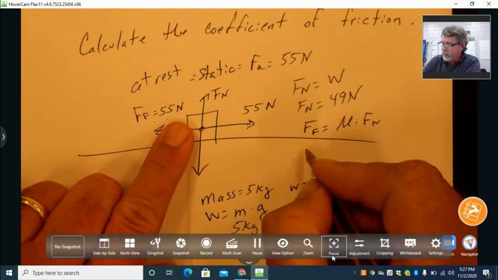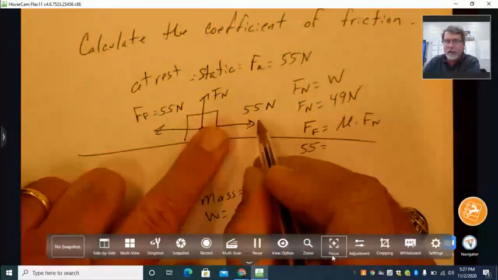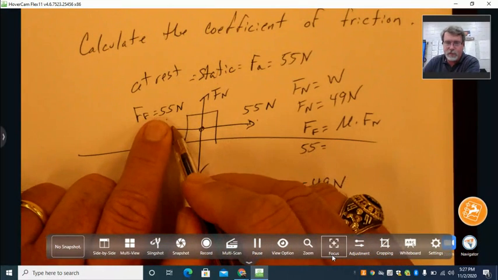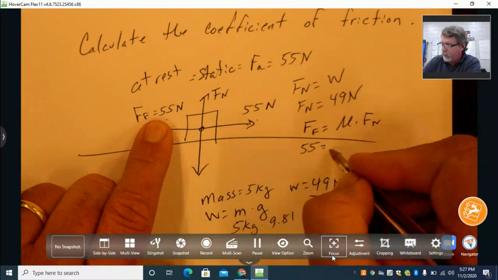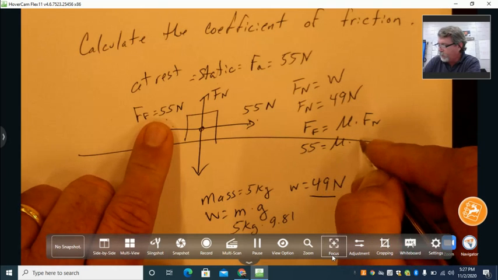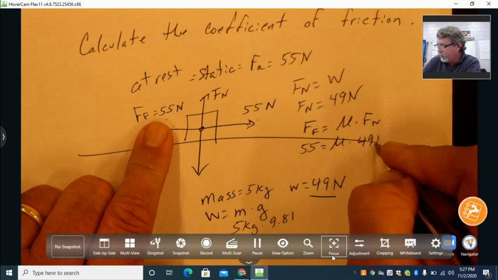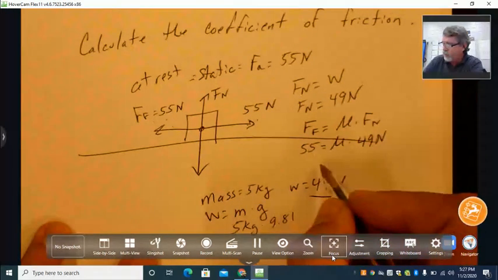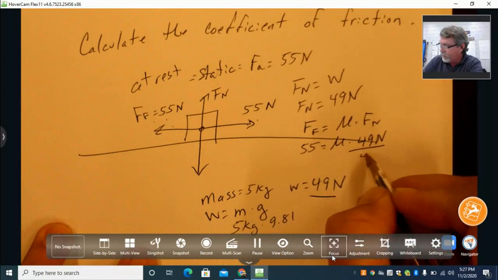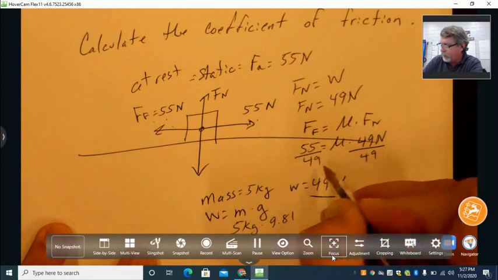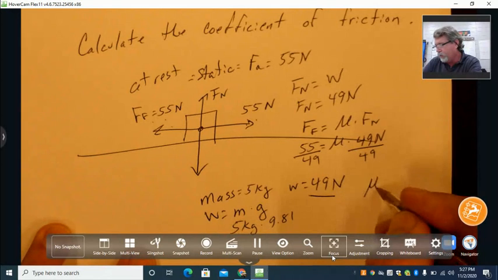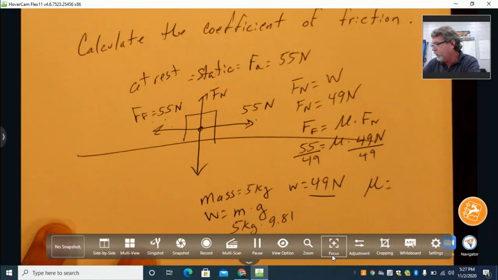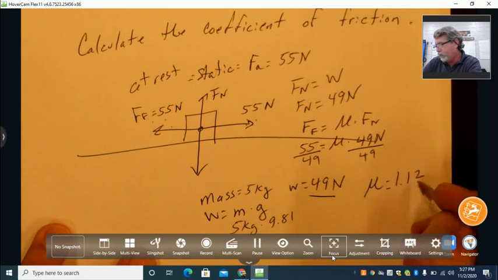So force of friction we decided was 55 because the applied force had to equal that friction force, equals mu times force normal, and our force normal is 49 newtons, okay? And so we'll just divide by 49, and we get a mu of 55 divided by 49, and we get 1.12.